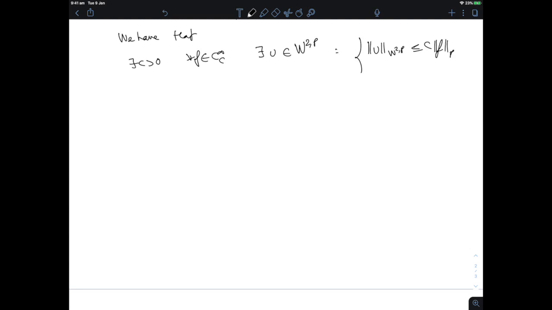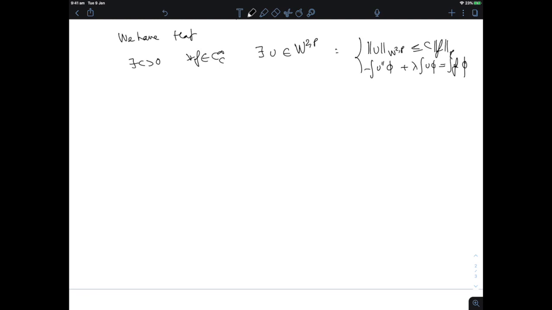So we have that there exists a C such that for all f, C infinity compactly supported, there exists a U, and it's going to have to be unique, but right now let's just say there exists a U in W2P that satisfies the norm of U in W2P is smaller than this constant times the norm of f in LP, and U satisfies the equation in the sense that minus U second phi plus lambda U phi is equal to the integral of f phi. Right, but now what do we do?